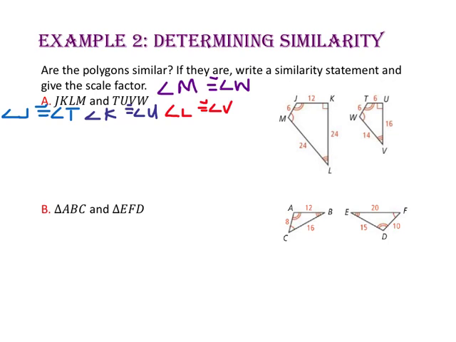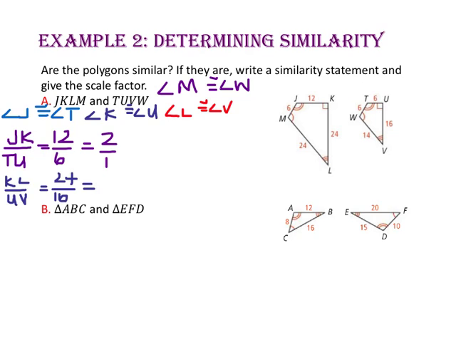Now let's compare the ratios of the corresponding sides. Let's start with side JK to side TU, which will give us a ratio of 12:6, which is 2:1 when simplified. Now let's look at side KL to side UV for a ratio of 24:16, which is 3:2 when simplified.